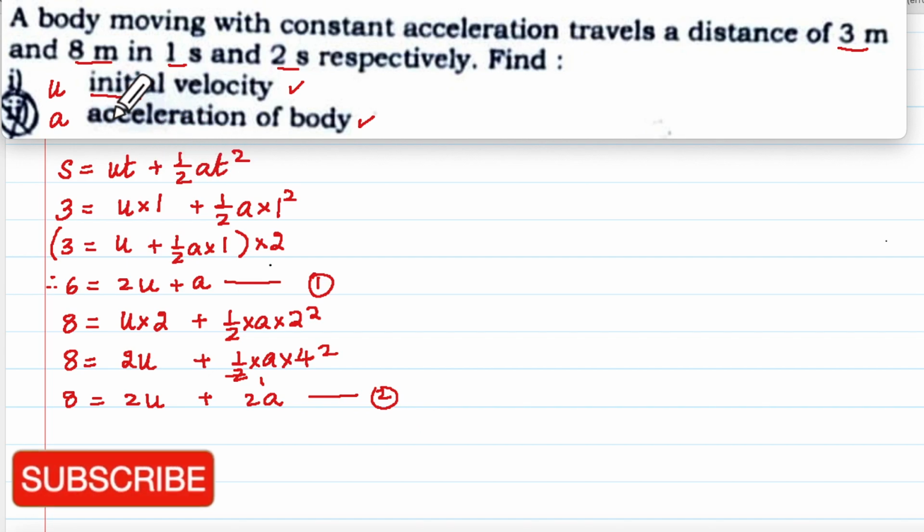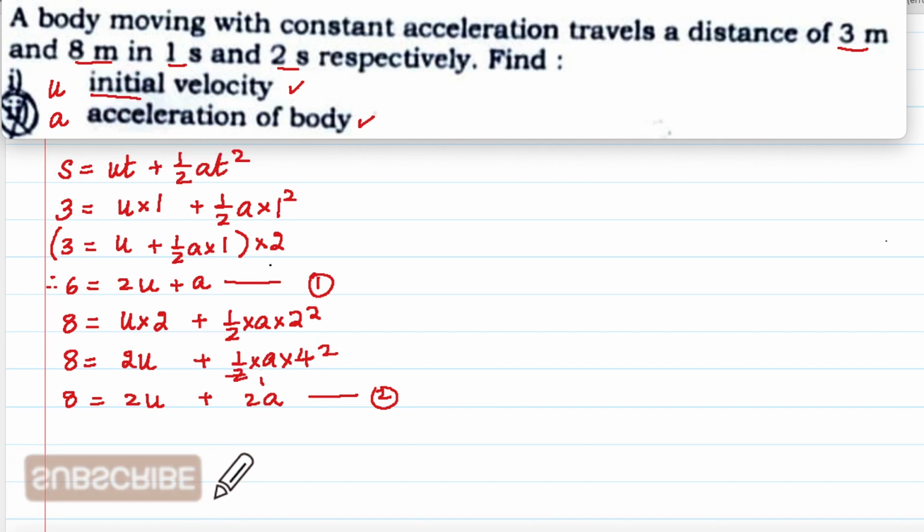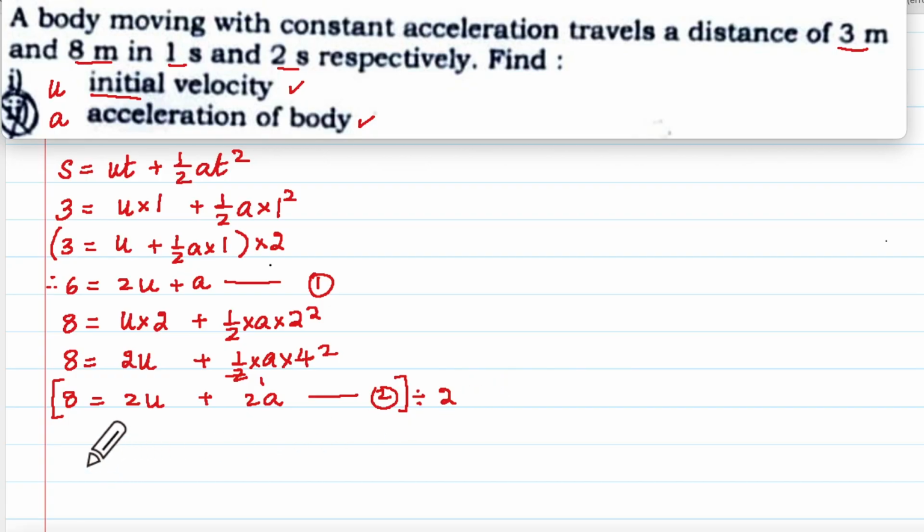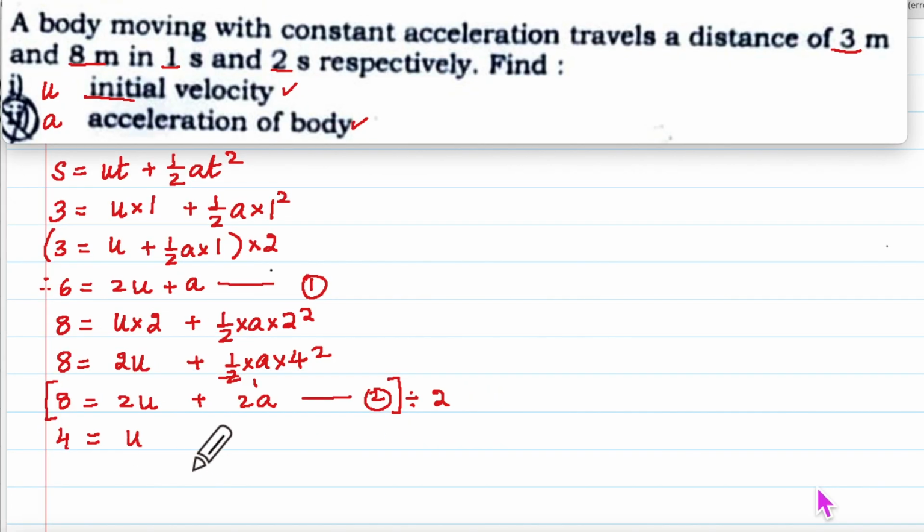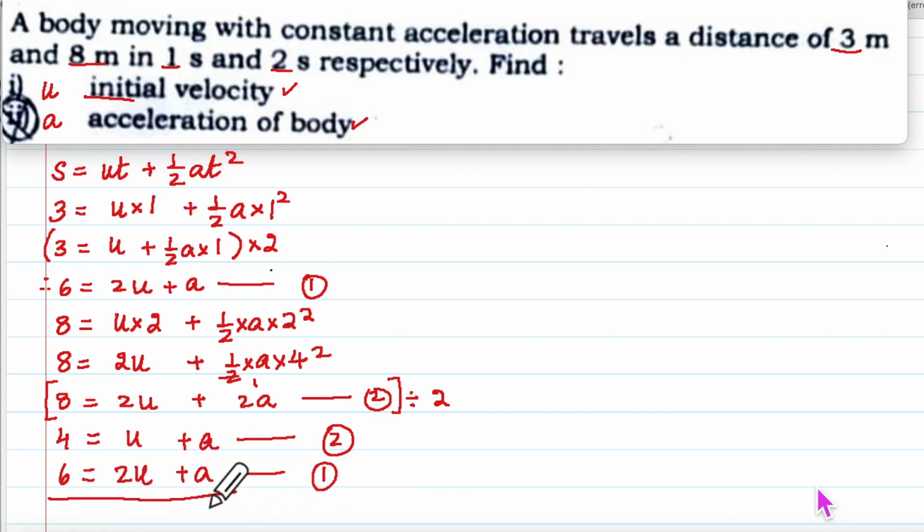Our first question is we have to find initial velocity, which means we have to eliminate a. So we will take this and divide it by 2. So we get 4 equal to u plus a, and that is our equation 2. Let us write the first equation below this, like so. And now in order to eliminate a, we will have to subtract.